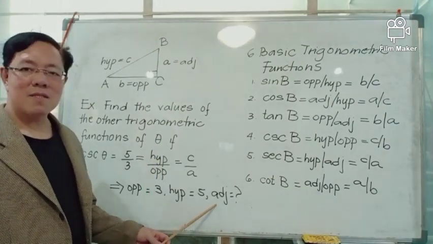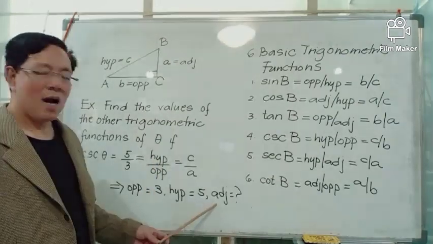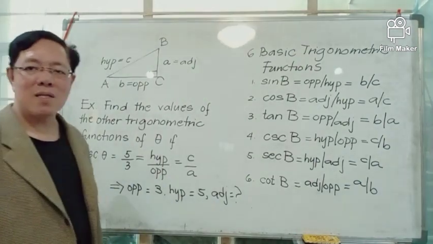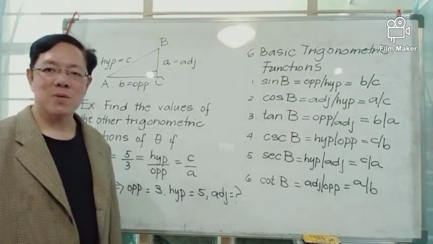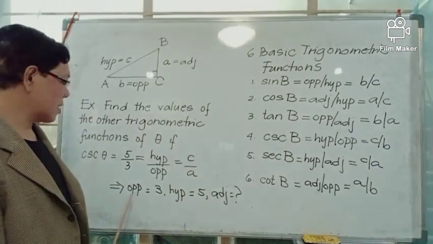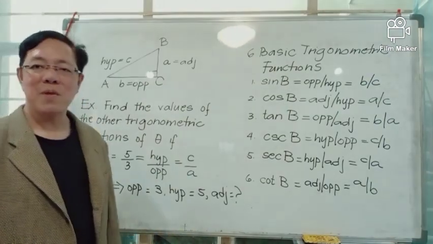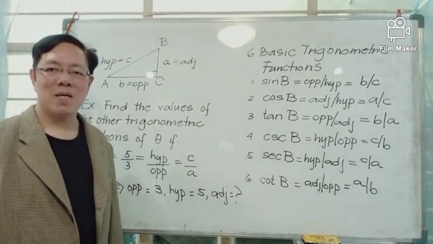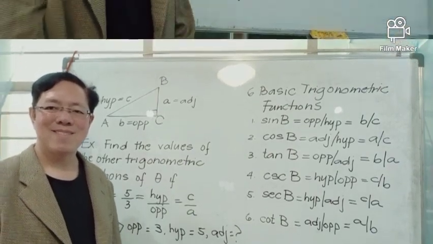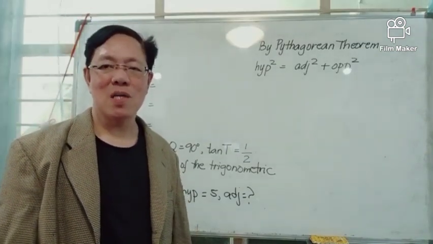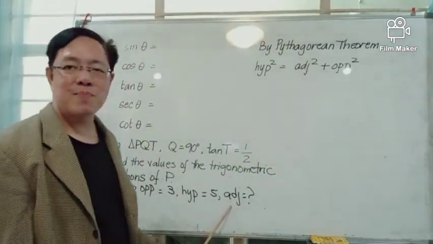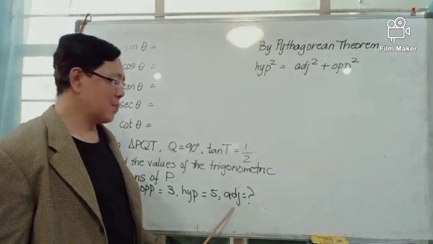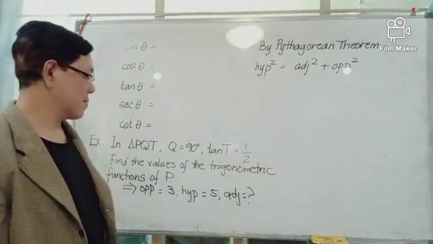And to find the side adjacent to theta, we apply the Pythagorean theorem, because the three sides of a right triangle satisfy the Pythagorean theorem. We now apply the Pythagorean theorem to find the side adjacent to the angle theta.